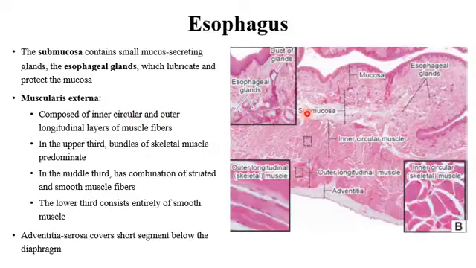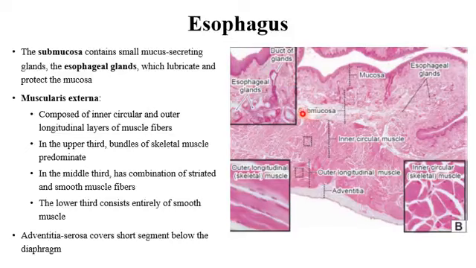The submucosa is formed of dense connective tissue with large blood vessels and seromucous glands called esophageal glands. Ducts of these glands transport secretions from the secretory portion towards the lumen. This secretion lubricates the lumen of the esophagus.